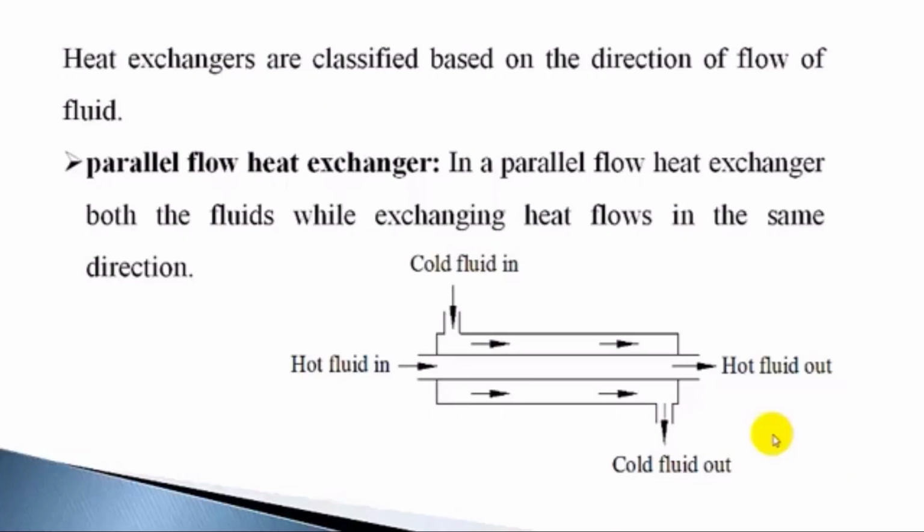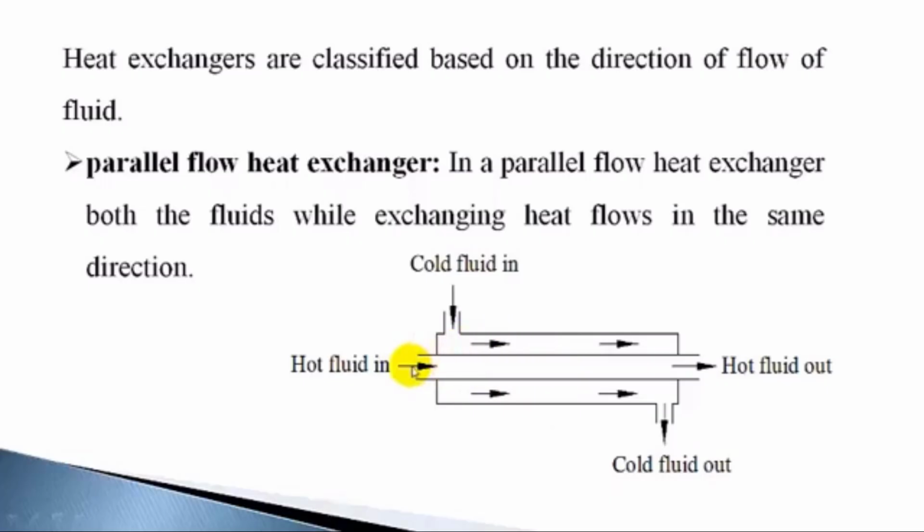In a parallel flow heat exchanger, the fluids exchanging heat are flowing in the same direction. I have shown a tube-in-tube heat exchanger where hot fluid is flowing in the inner tube and cold fluid is flowing in the annular space between these two tubes. So both the fluids are flowing in the same direction.